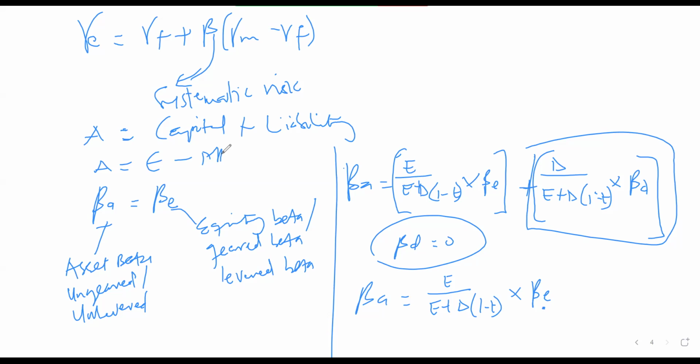So let's make BE the subject of this equation. How do we do that? From this, we can say that asset beta, we can cross multiply by (E plus D(1 minus T)).